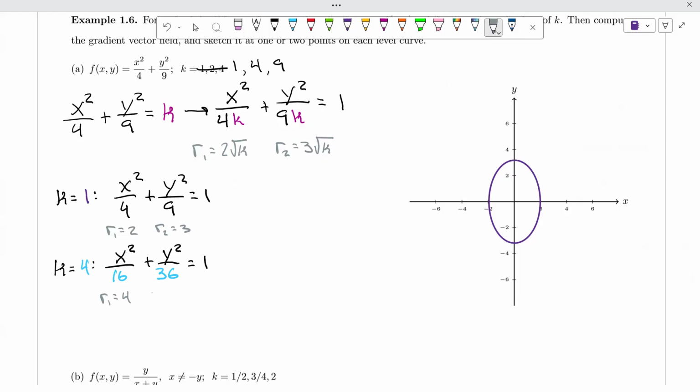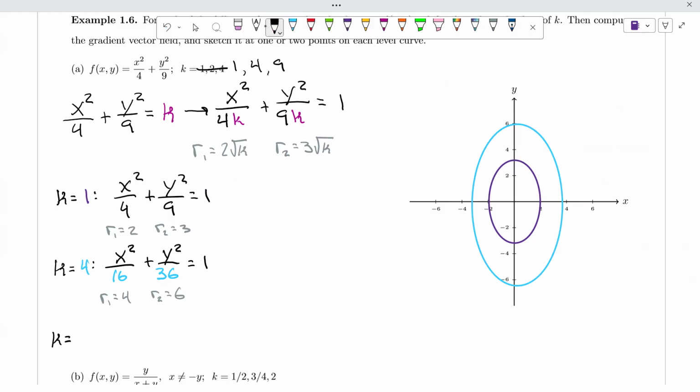This time they'll be 4 and 6. And again, go over and draw that shape in. Let's try that one more time. Close enough.